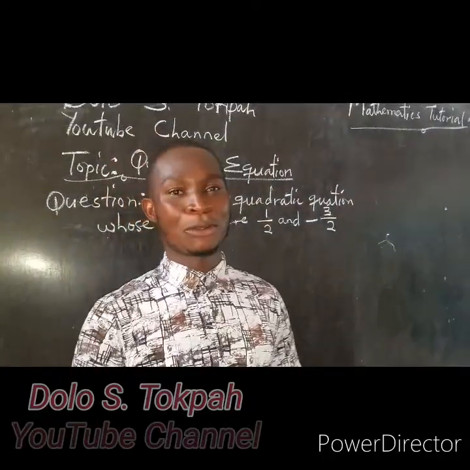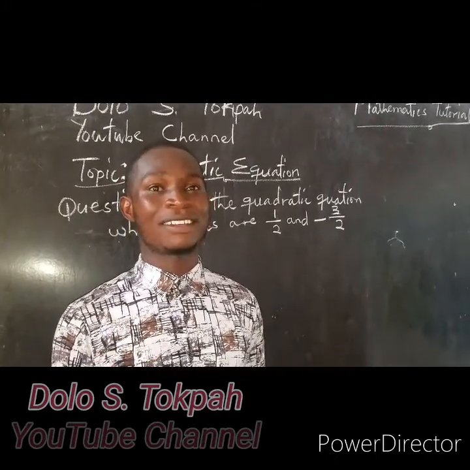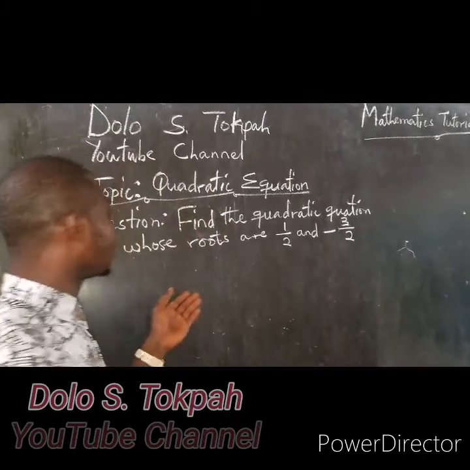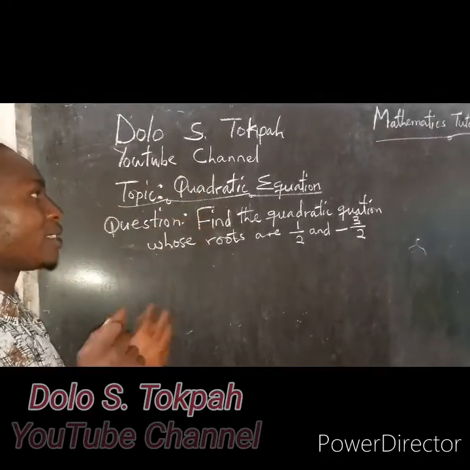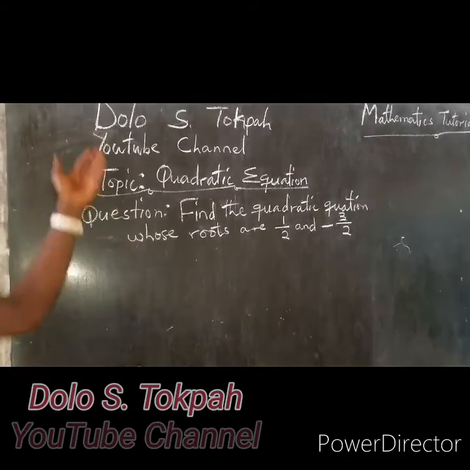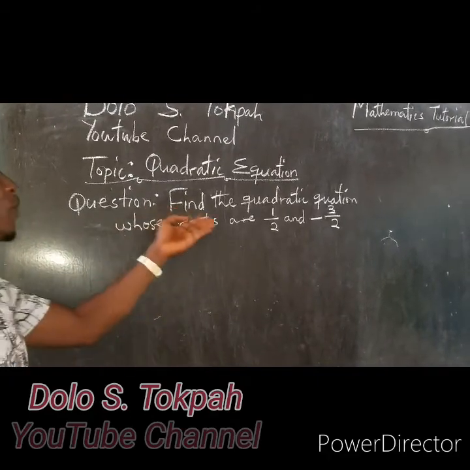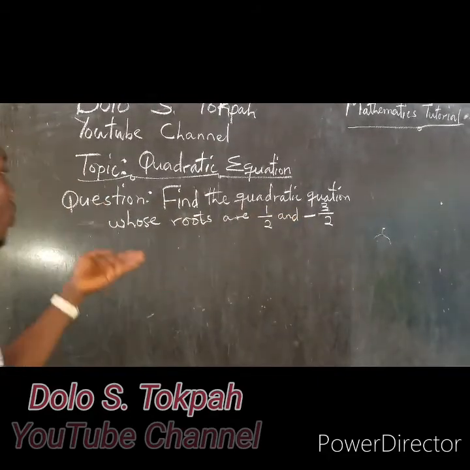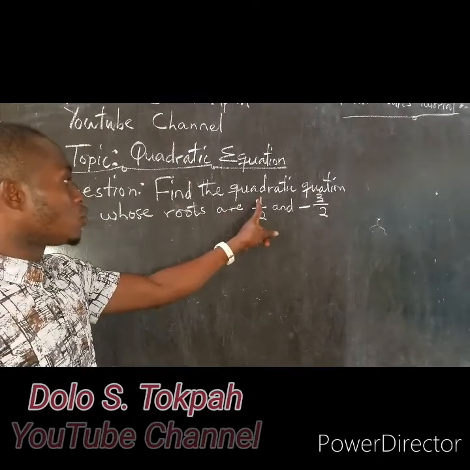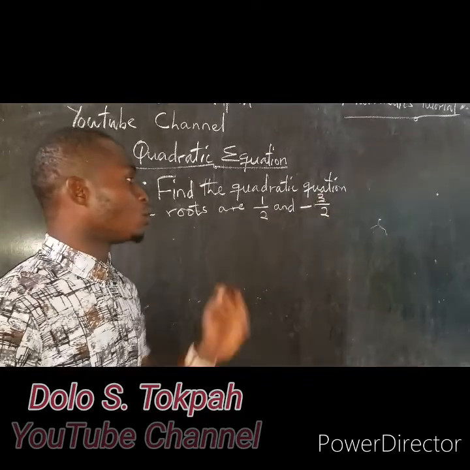This is our problem on the board, and I have derived a new method that will help you to solve this problem. Our topic is quadratic equation, and it is a mathematics tutorial on my YouTube channel. The question says, find the quadratic equation whose roots are 1/2 and -3/2.